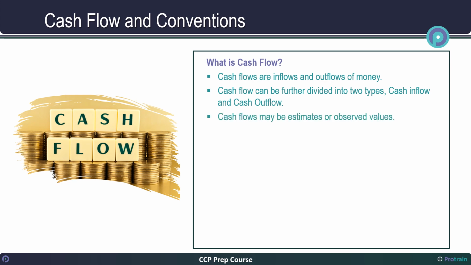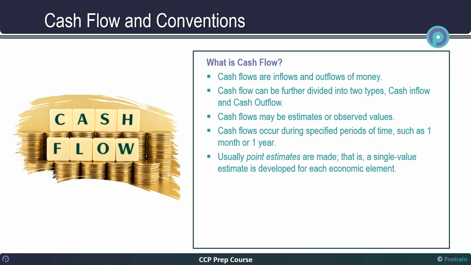Cash flows may be estimates or observed values. Of all the elements of an engineering economy study, cash flow estimation is likely the most difficult and inexact. Cash flow estimates are just estimates about an uncertain future. Cash flows occur during specified periods of time, such as 1 month or 1 year.